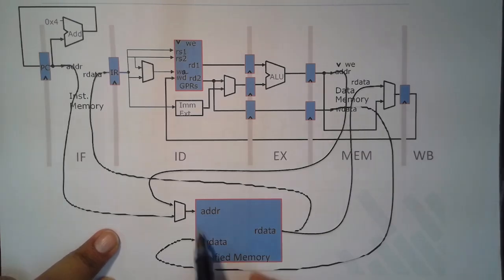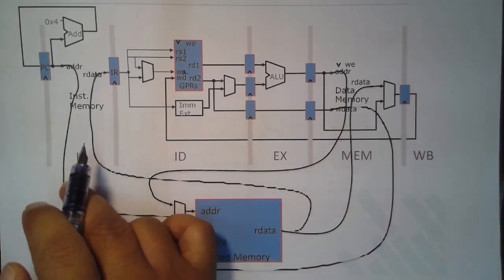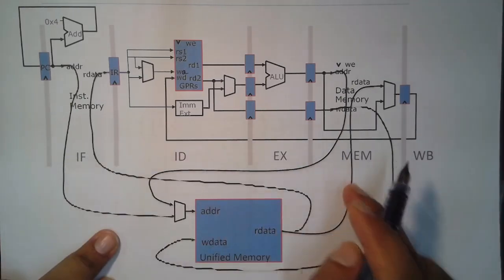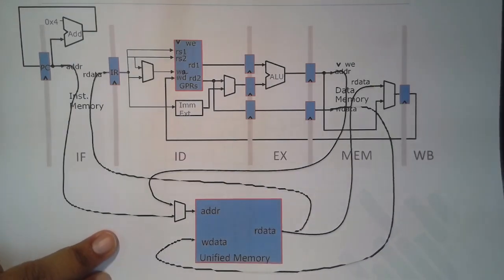Now you see that because there is only one read port and one write port, if I try to access this memory simultaneously from two instructions, then it will create a structural hazard. So I hope this makes sense.